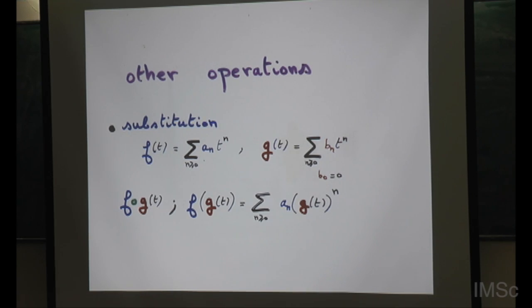And this corresponds exactly to a substitution of functions in real analysis. If your formal power series makes sense, I mean there is a non-zero radius of convergence, if it's really a function in analysis, then this corresponds to the substitution of a function into another one.